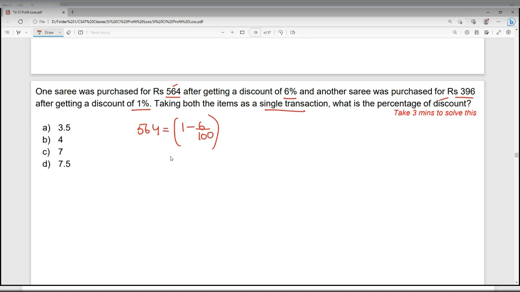So this was the listing price. Let that be sari 1 as S1. Now 564 is equal to 0.94 into S1. This implies S1 is equal to 564 divided by 0.94.